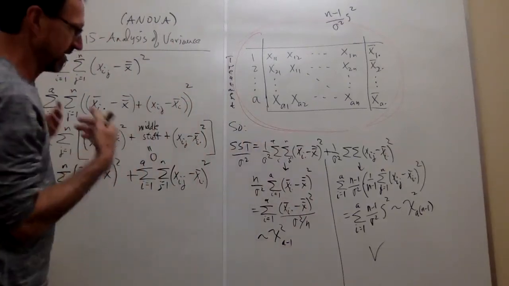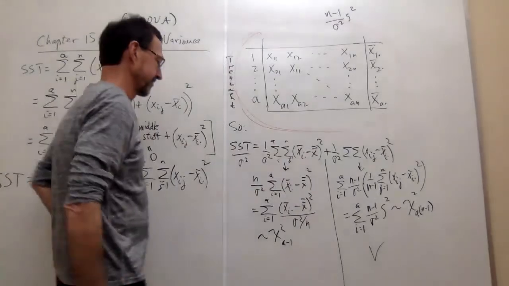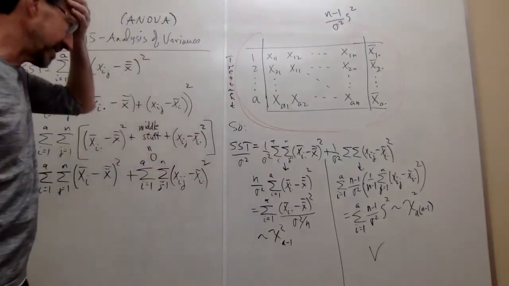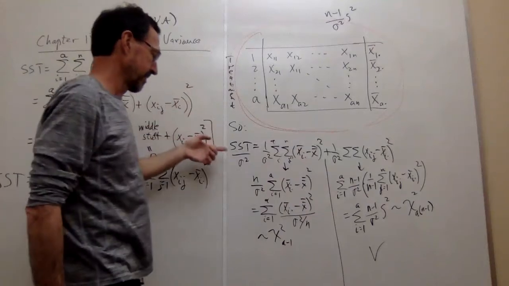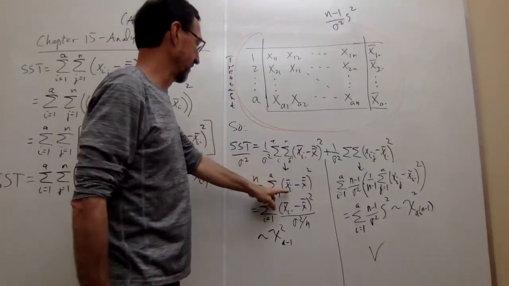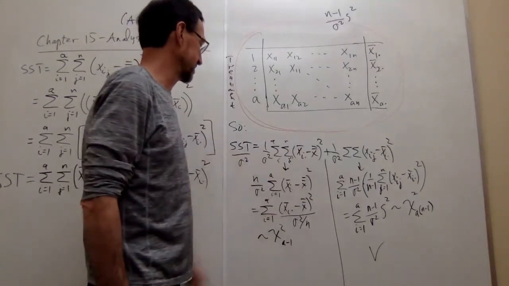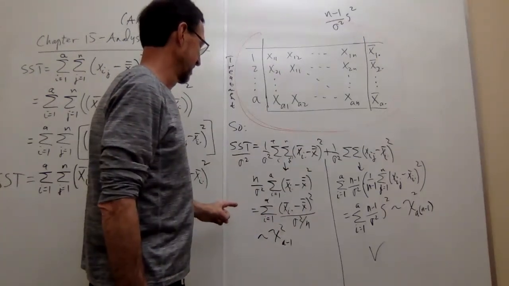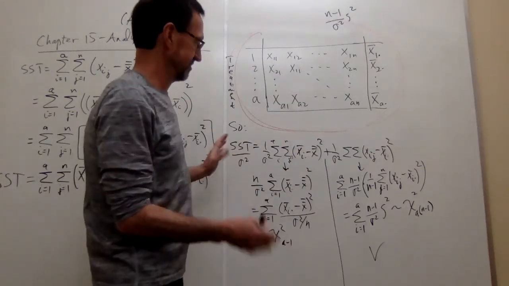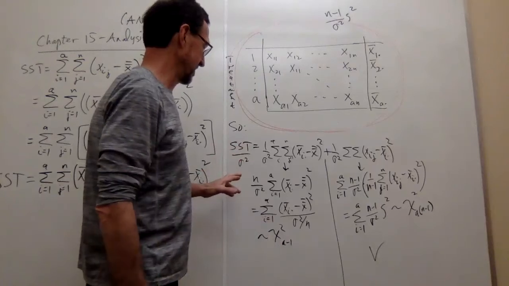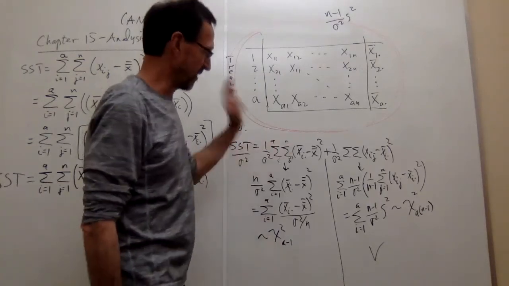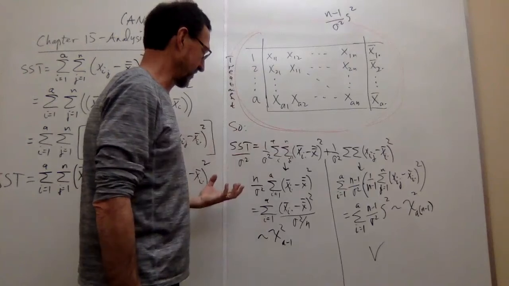So again, we rely on a theorem we know from chapter 8. We take a value from a normal population, subtract the mean, square it. We divide by a minus 1, both places. One of them becomes part of the s squared, the other becomes the degrees of freedom.